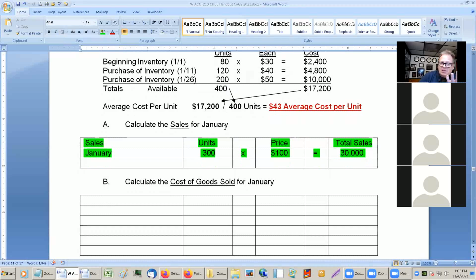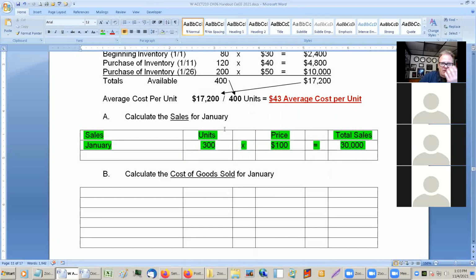Now, the nice thing is once you get that average cost per unit, cost of goods sold and ending inventory are really easy.